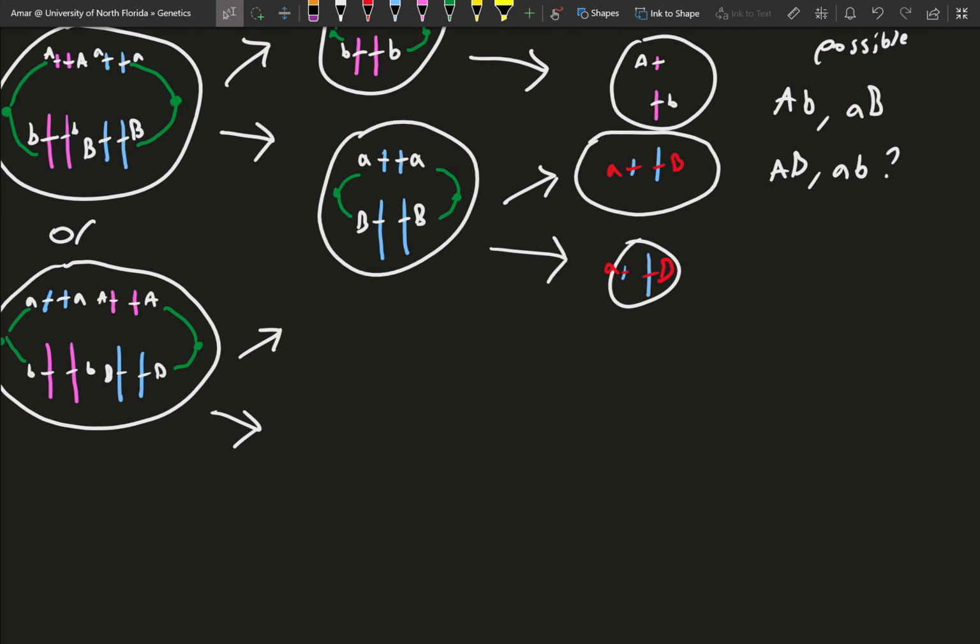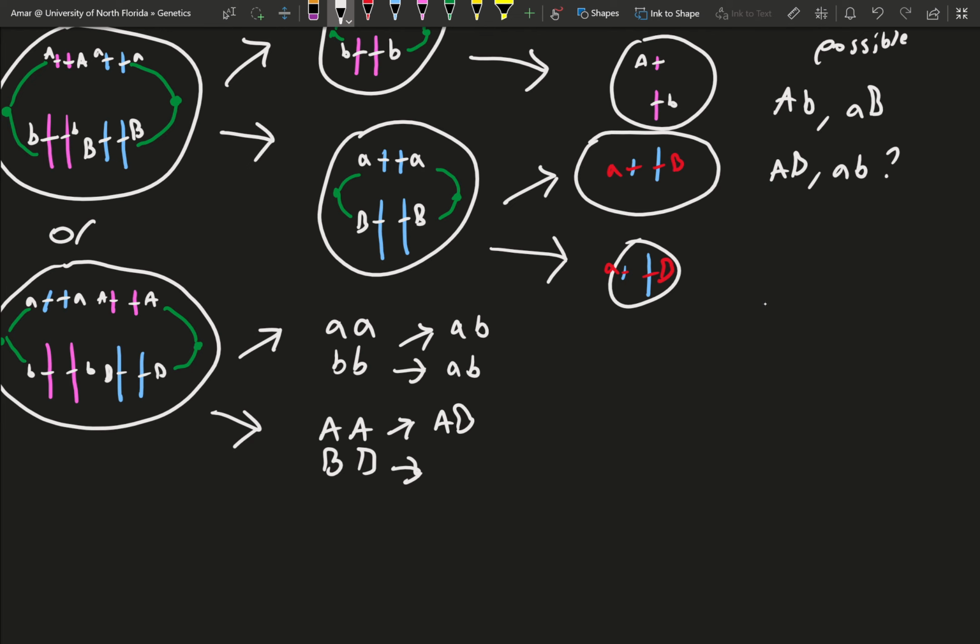For time's sake, we can just write down little a, little b over here, and for this one, big A, big B. And then remember, during this stage of meiosis, we're going to separate our sister chromatids. So we would have one cell with little a, little b, little a, little b, and this one is big A, big B, big A, big B.